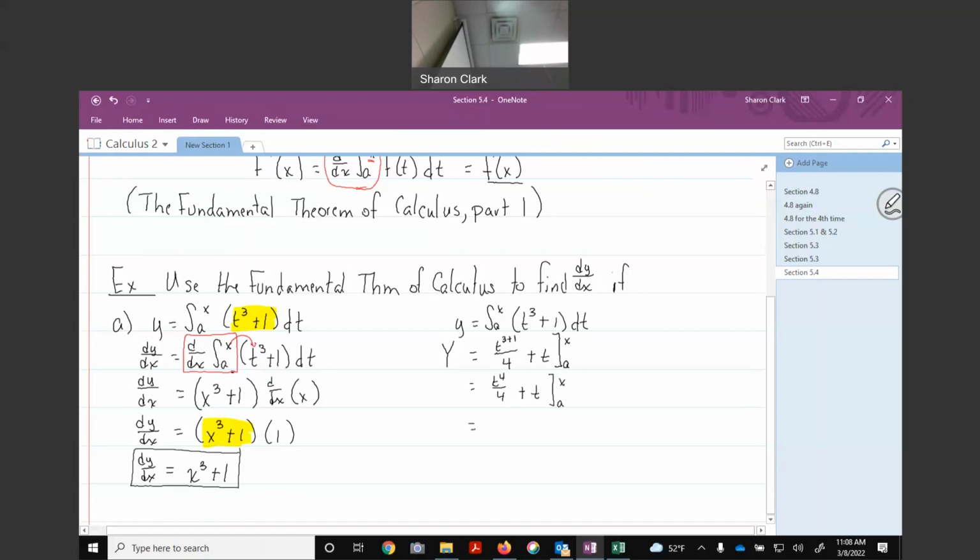So we do upper minus lower. So it would be x to the 4th over 4 plus x.